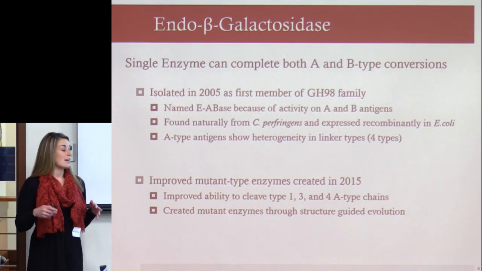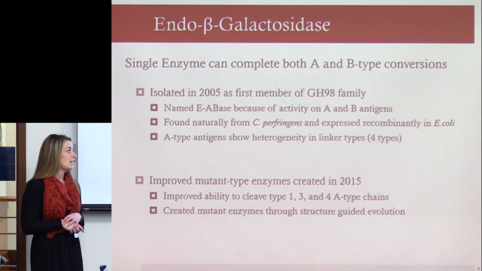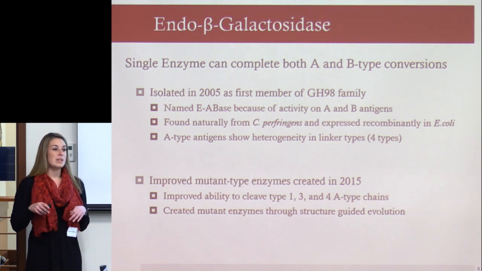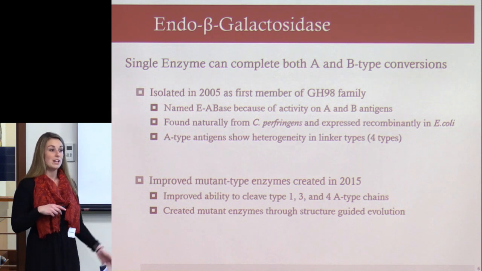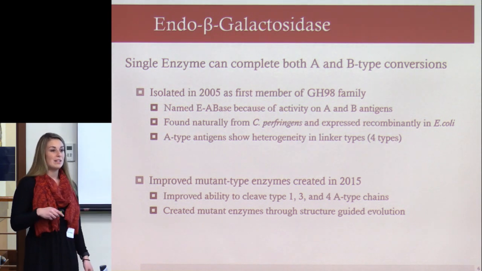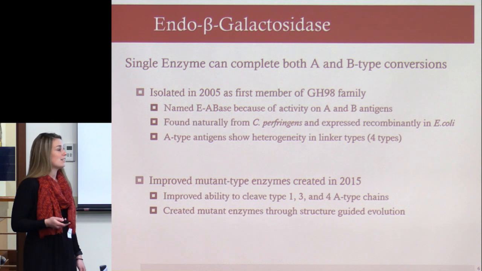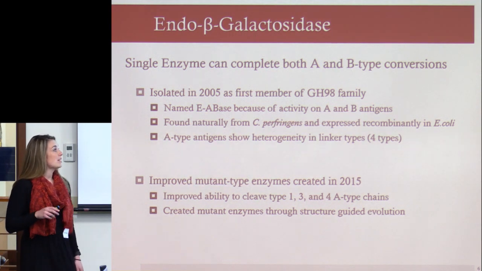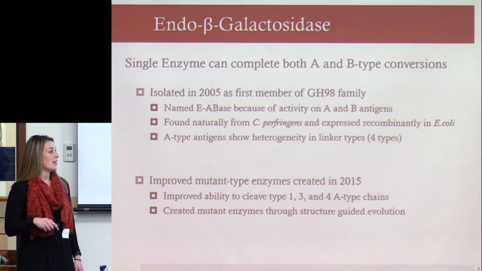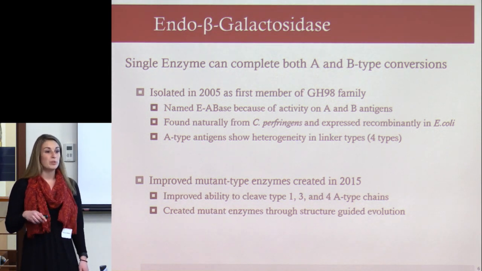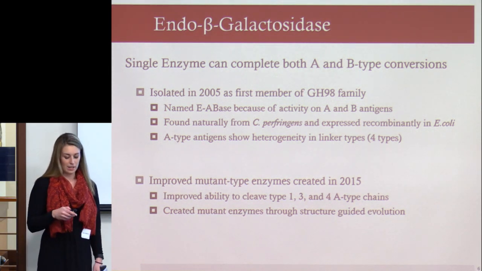So recently, a paper published in 2015 came out where they took EABase and structurally evolved it so that it would have an increased ability to cleave those A antigens. They're basically calling these mutant type enzymes, or mutant type EABase, which does have improved affinity towards the conversion reaction.